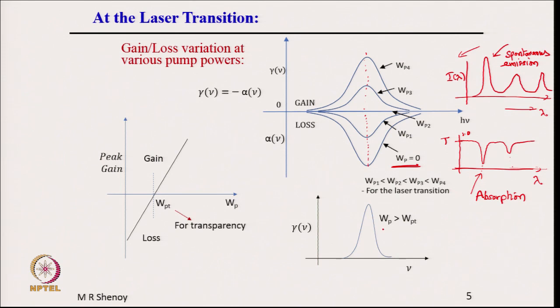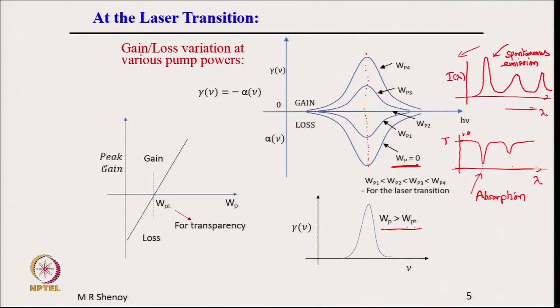Now, for a certain pumping rate which is above WPT, WPT corresponds to the pumping. So, what is shown here is peak gain versus WP. This is for a laser transition, and therefore, as the pumping power increases from 0, the system goes from a lossy system with alpha of nu here towards 0, and then this is increasing.